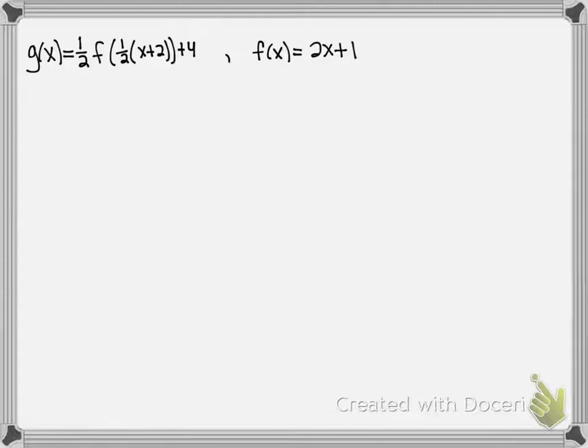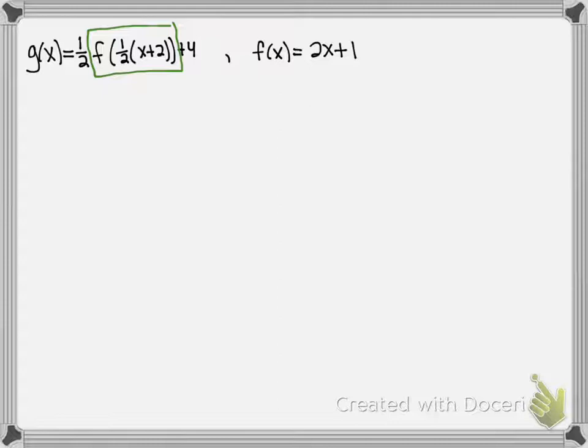So if you look at just the f of 1/2 times x plus 2, that 1/2 times x plus 2 inside of the parentheses, that can be thought of as a function composition, where we're composing f with 1/2 times x plus 2.